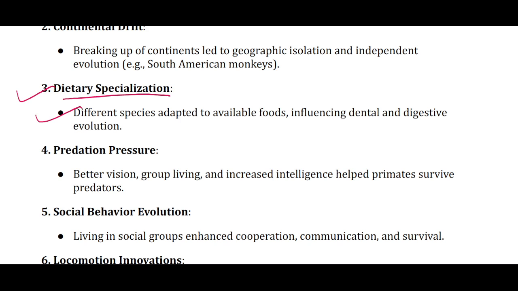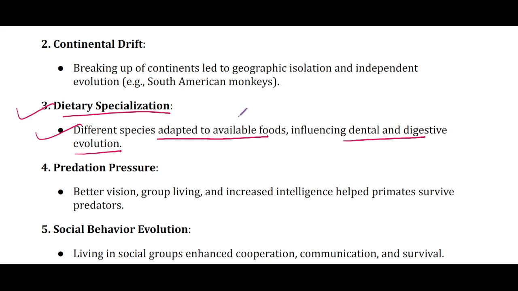So different species adapted to available food that influenced dental and digestive evolution. So as I have said, most of the early primates were herbivorous, क्योंकि पहले ही पेड़ों पे रहे हैं, living in an arboreal lifestyle.